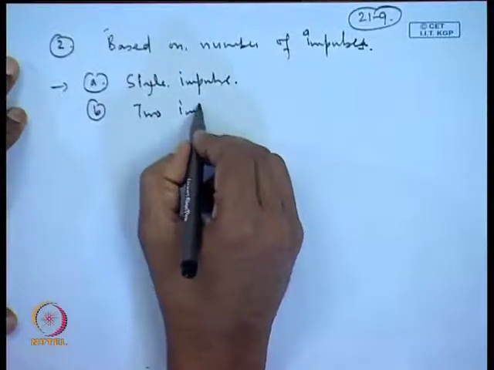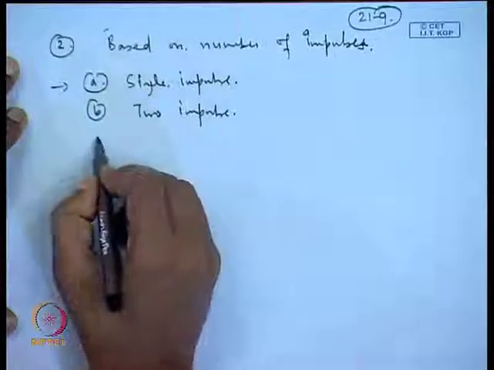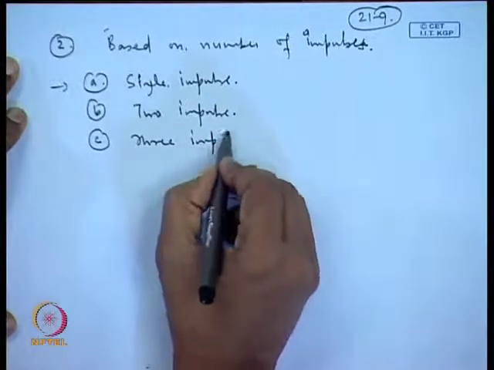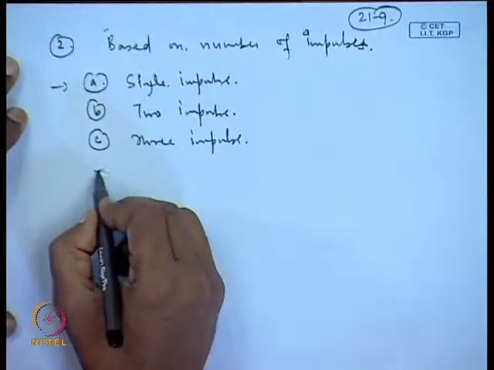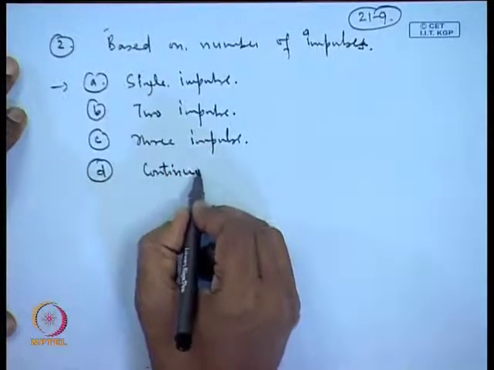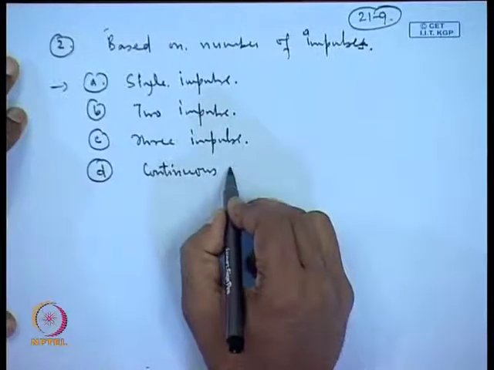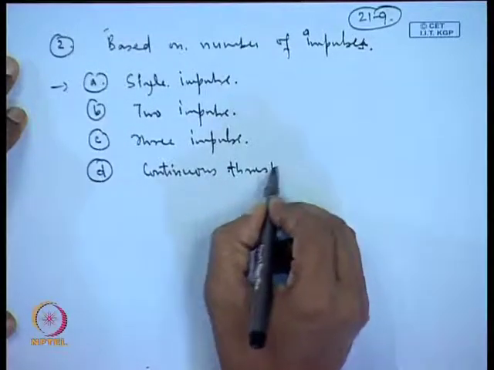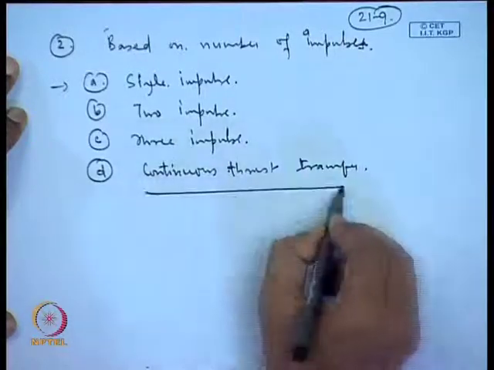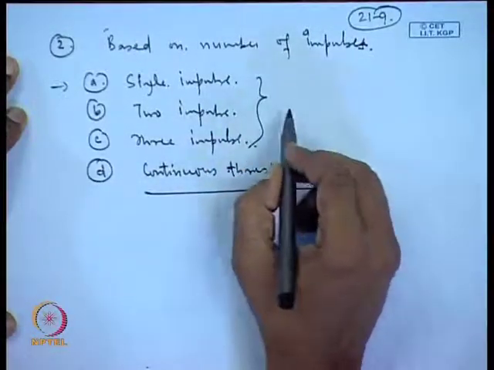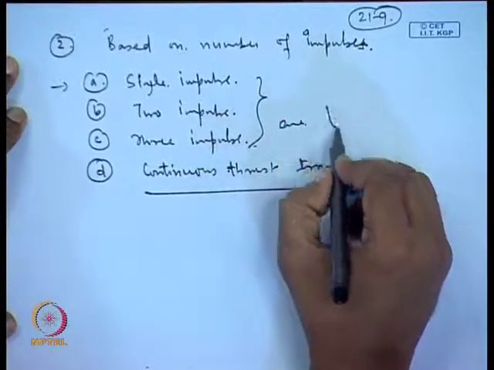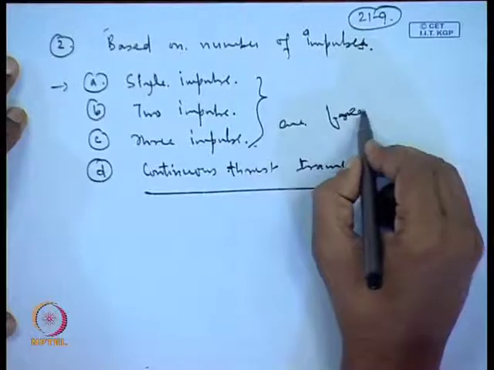Then 2 impulse, 3 impulse, and continuous thrust transfer. Of course, these three are frequently used.